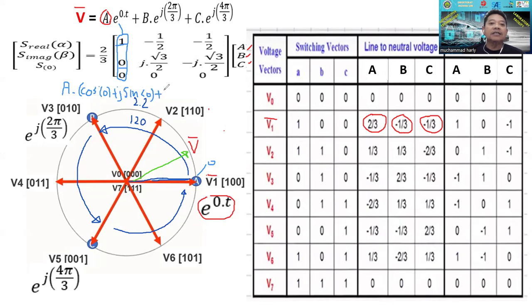Continue. Next, P. Who is P? P is here. That is P. And here is, sorry, that's E. And the last one, C, is here.